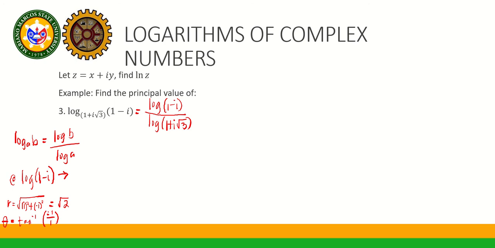So, yung y natin is negative, yung x natin is positive. Ibig sabihin, nasa fourth quadrant tayo. And this will be equal to negative 45 degrees, and then convert natin into radians. That will be equal to negative pi over 4.